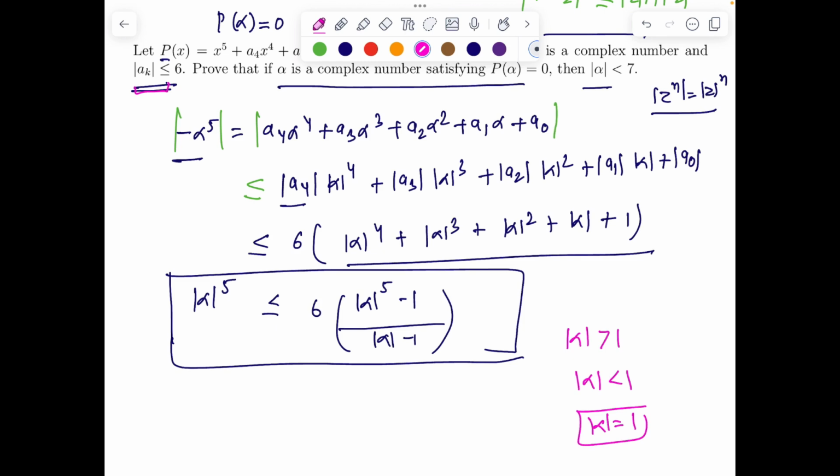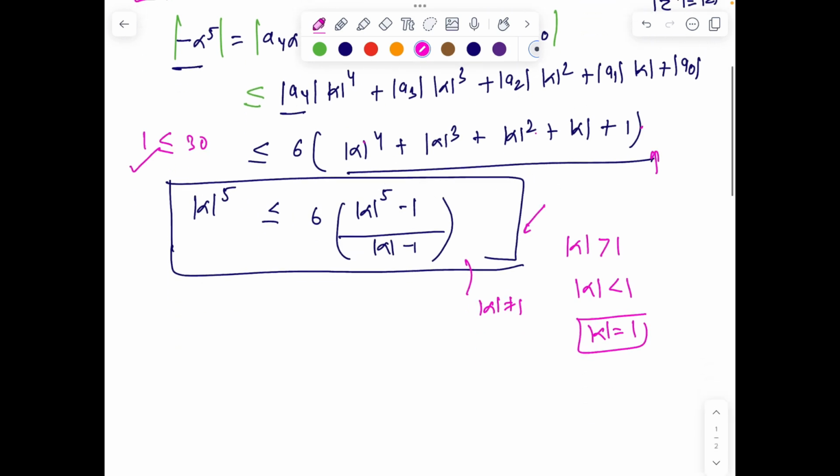Okay, so if I take mod alpha as 1, what we'll get is 1 is less than or equal to 6 times 1, 2, 3, 4, 5, which is 30. So this is also correct, right? So in this step I can allow mod alpha to be 1, but not in this step, because this formula is valid if and only if mod alpha is not equal to 1, right?